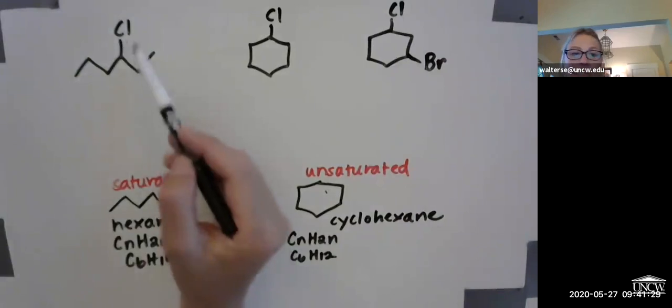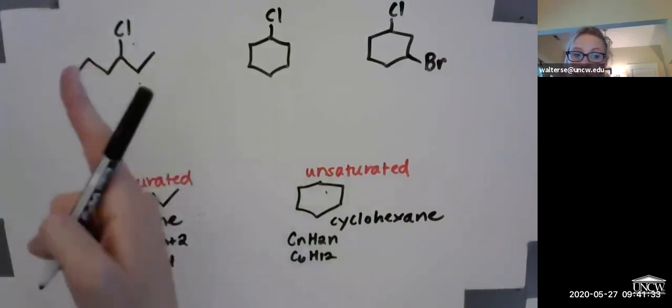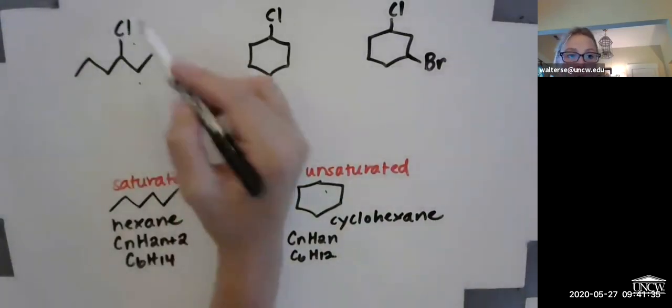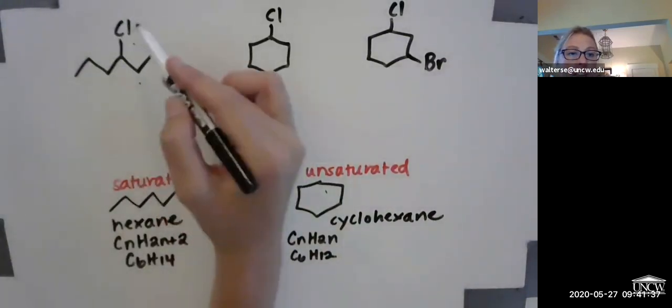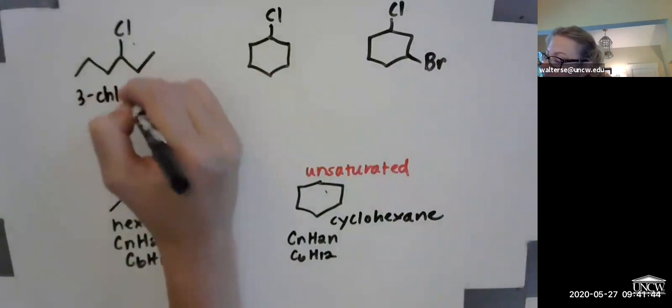So if you have a substituent on a chain, one substituent, it doesn't matter if there's one or two, if it's on a chain, this substituent needs a locant. So this would have to be written as 3-chlorohexane.